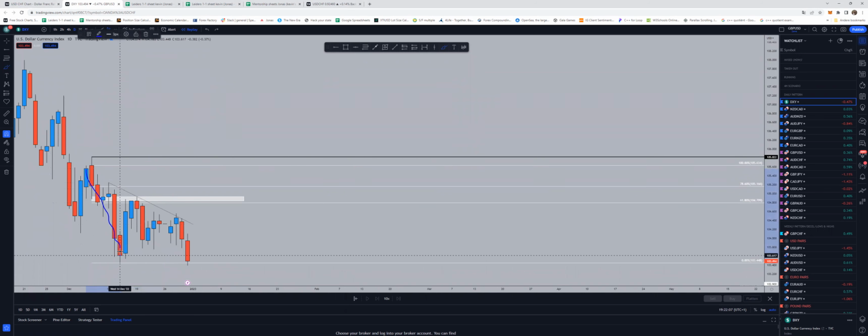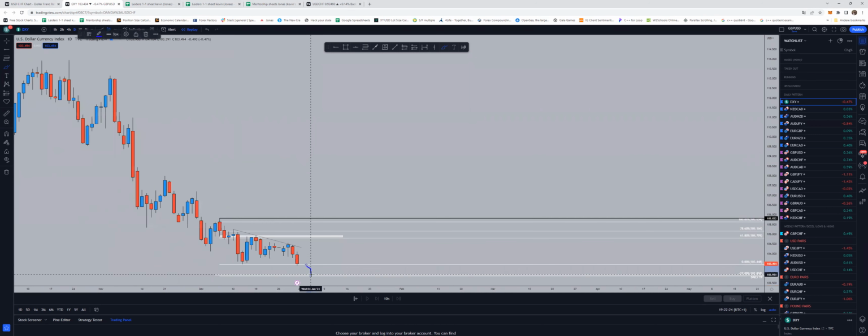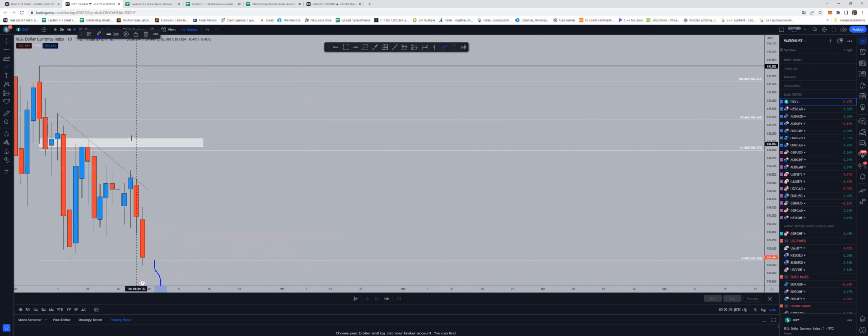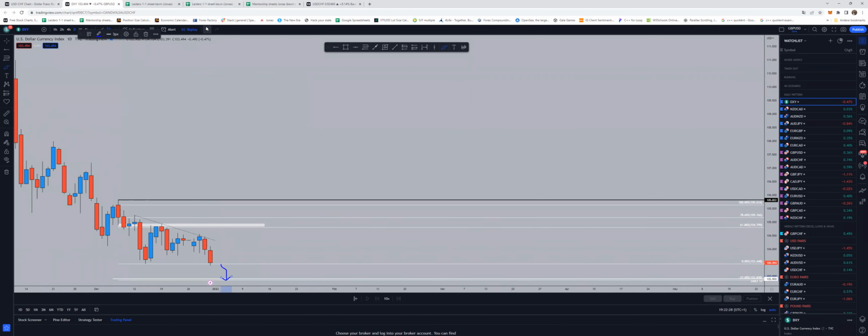So we have the first leg, second leg, then the third leg, and then the fourth leg. So we have here the same lows, so we expect then the same highs. So that's what I can see that can possibly form on the DXY, but I think we will go to the daily minus 27 here and complete this minus 27. That's what I can see right now. So the DXY is bearish.